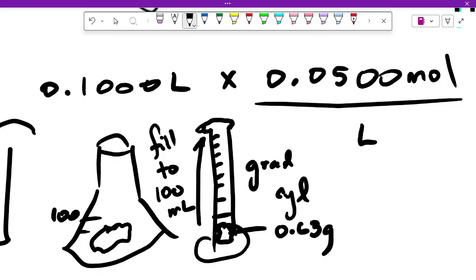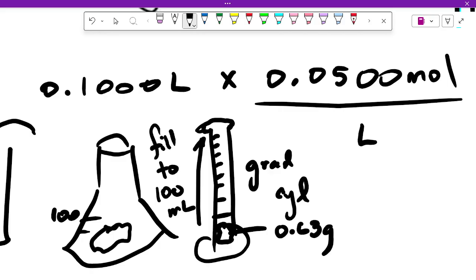Better, because a 100 ml grad cylinder is this thick. It's this wide. Does that look really skinny to you? Still fairly wide. Nobody knows?